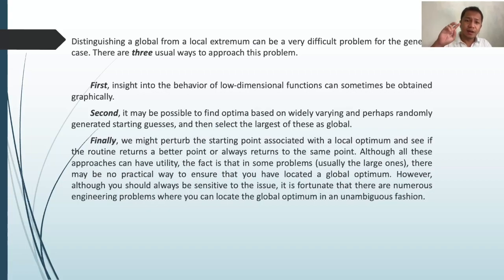Second, it may be possible to find optima based on widely varying and perhaps randomly generated starting guesses, and then select the largest of these as the global optimum. Finally, we can perturb the starting point associated with a local optimum and see if the routine returns a better point or always returns to the same point.